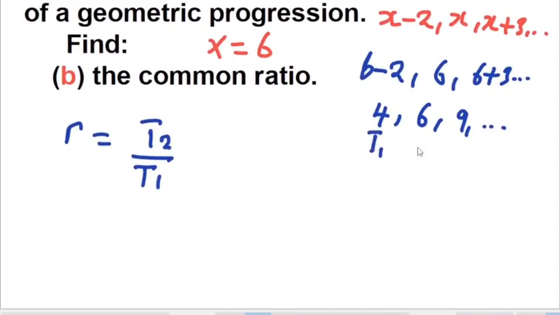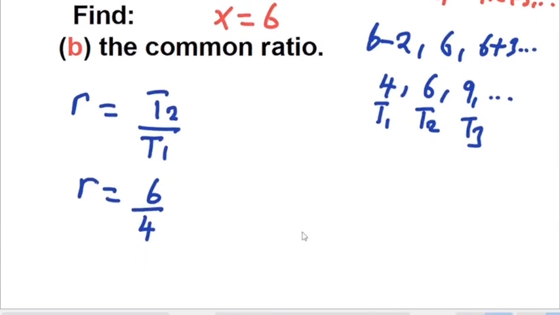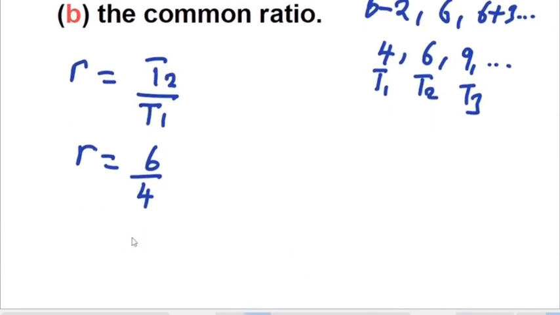So this is term 1, this is term 2, this is term 3. So common ratio is equal to our term 2, which is 6, divided by our term 1, which is 4. When you divide here, 6 divided by 4, what are we going to get?